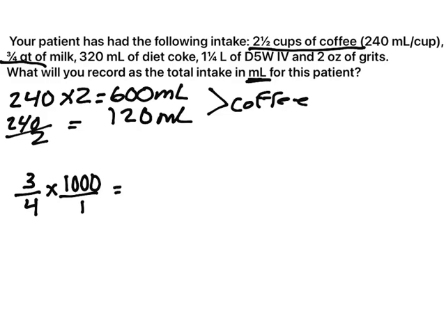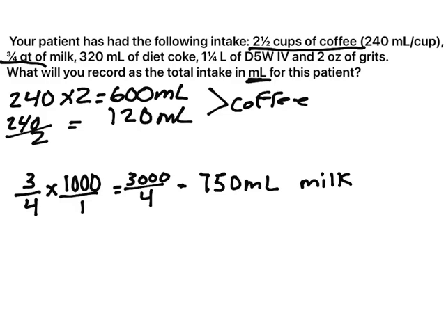So 3,000 would be on the top, and then 4 will be on the bottom. So that will give us 750 mLs, and that will be your milk, okay? The only thing you have to do is set up your fraction, and then take however much your quart is in mLs and multiply it.